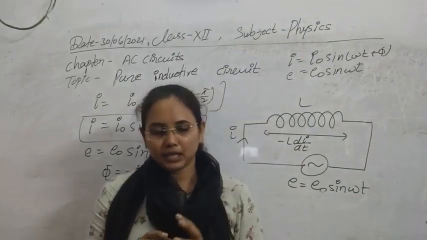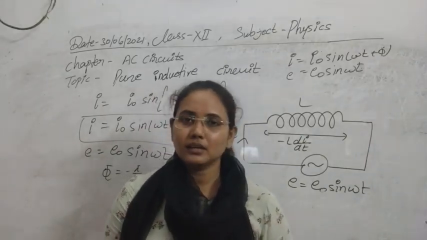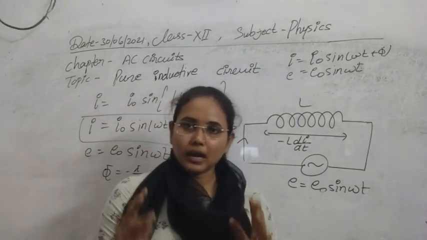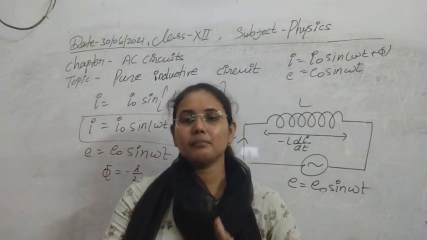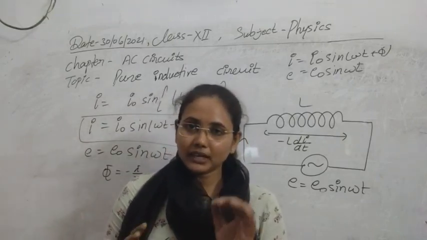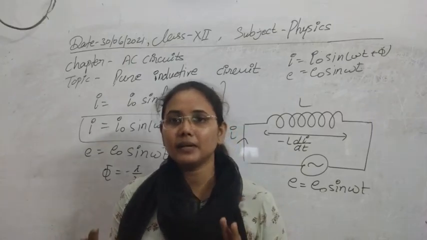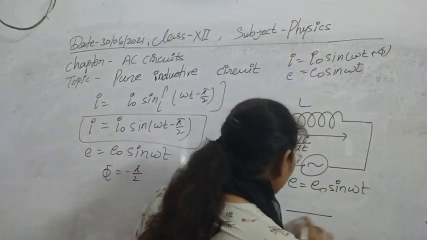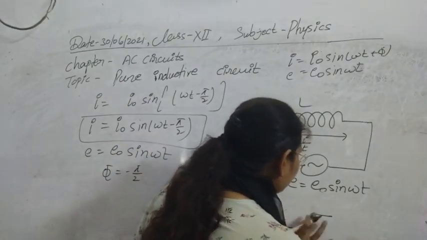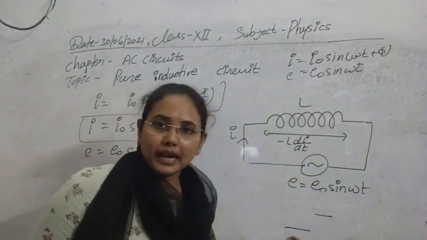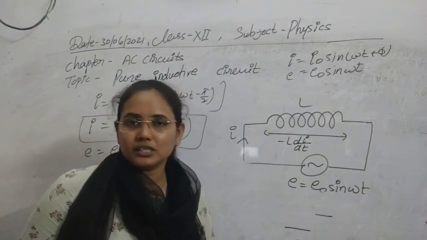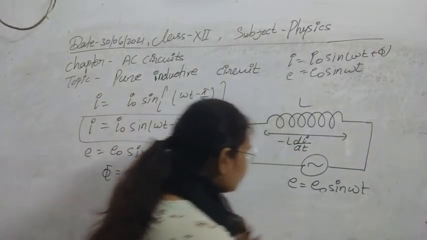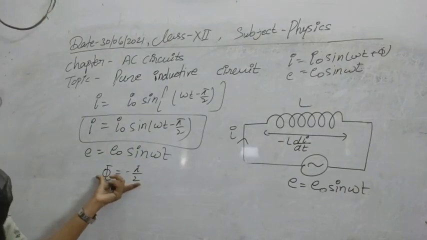So if you want to understand the situation by a running car, as I took the example in the pure resistive case: two cars are running on the same road with the same velocity, but suppose car A started to move sometime ahead of car B. Then car B will lag behind car A. This is the same situation for the current and voltage in a pure inductive circuit.